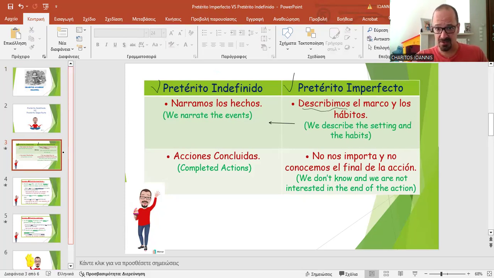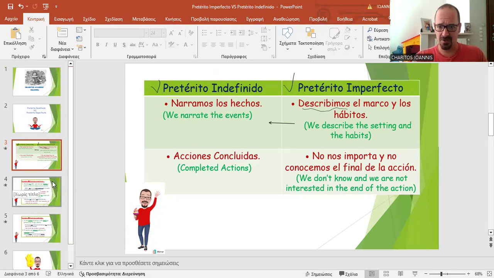I repeat, when the characters will start moving. And also, no nos importa y no conocemos el final de la acción. We don't know and we're not interested in the end of the action, right? We don't get that feeling we got from el pretérito indefinido that the action was done. And we're somewhere in the middle of the action and we describe how it progresses, how it advances.